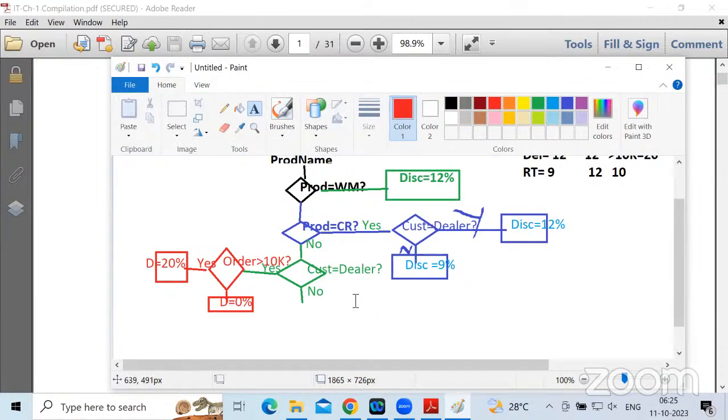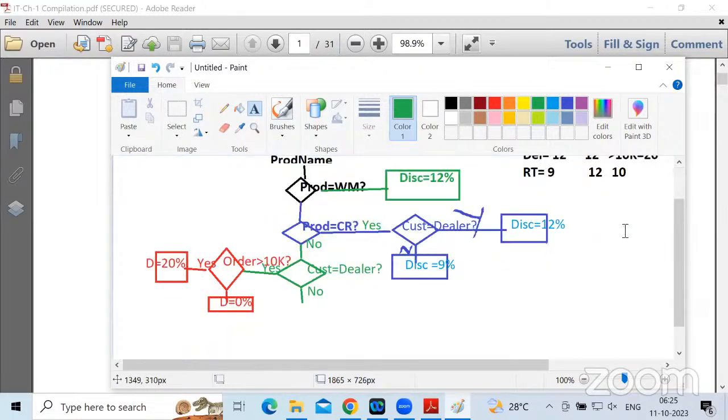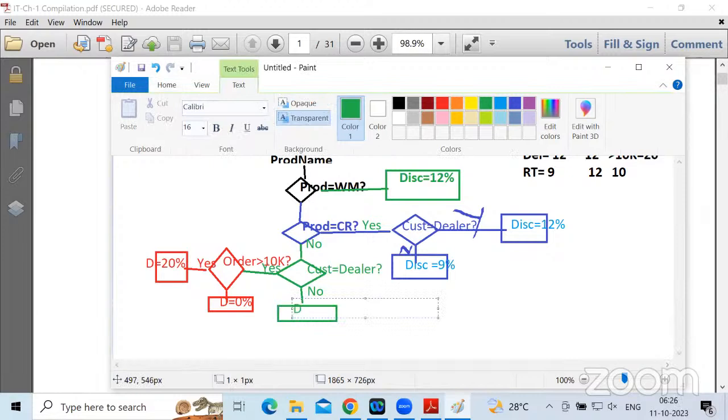Again, we have left out with this no. So if it is not a dealer, what is the condition? If he is not a dealer, the discount is 10%. So again, you go here. It's not a dealer. Irrespective of the order, the discount is equal to 10%.